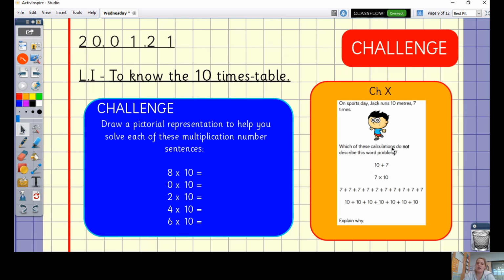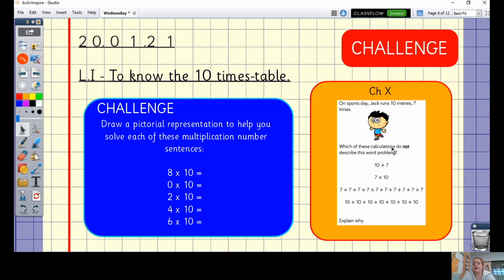Okay, so let's have a look at our challenge X then. It says, on sports day, Jack runs 10 meters 7 times. Which of these calculations do not describe the word problem? Okay, you're thinking about which calculations do not describe the word problem.